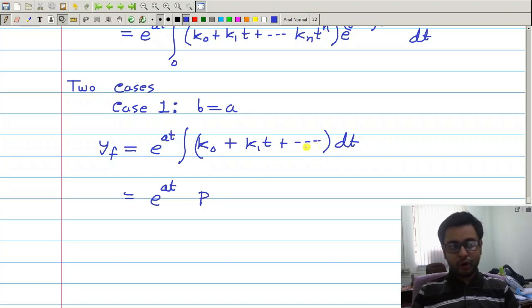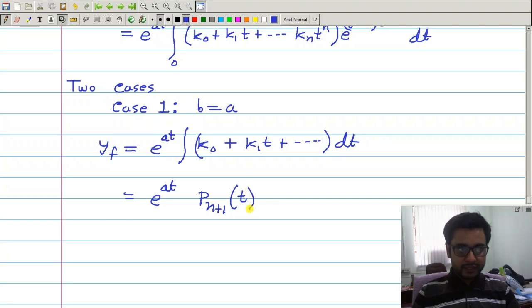If this is a polynomial of order n, then the integration will result in a polynomial of order n plus 1. Let me write that in this way: a polynomial p_{n+1}(t).